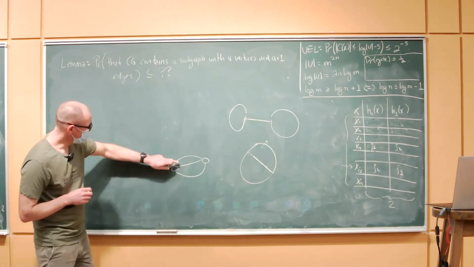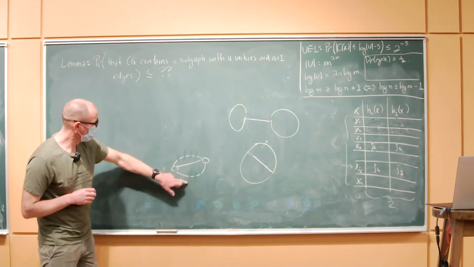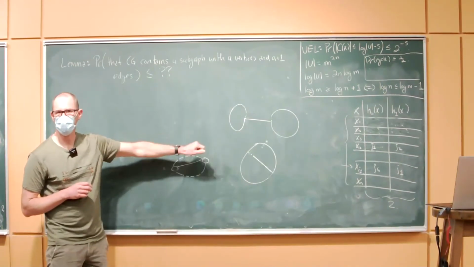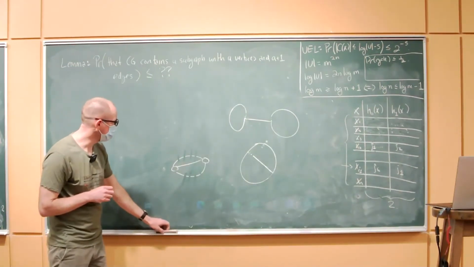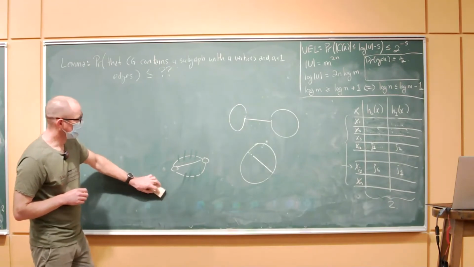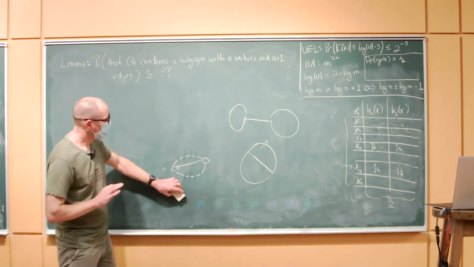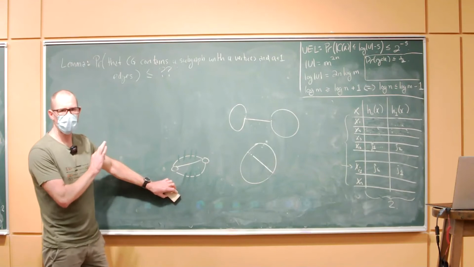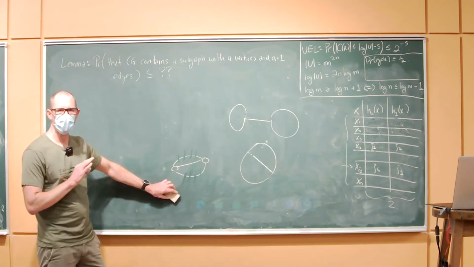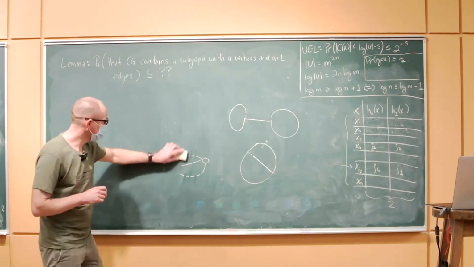And indeed, if I take away two edges, then I am left with a path that contains all the vertices. So this captures all of those cases, but you need to convince yourself that that's true.